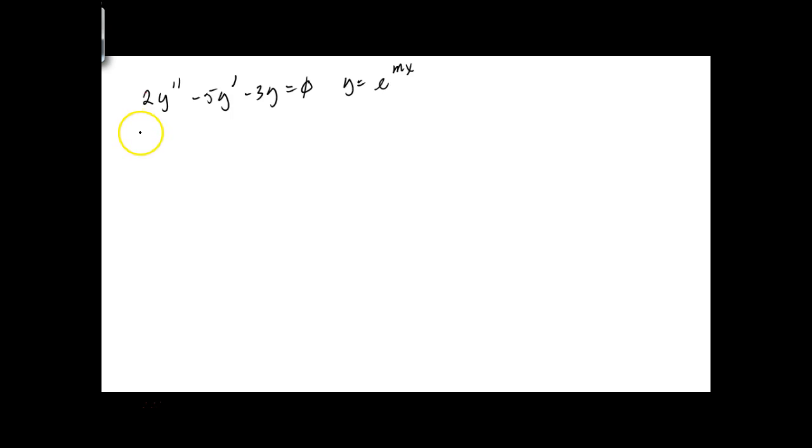2m squared minus 5m minus 3 equals 0. Now, what do you do with that?